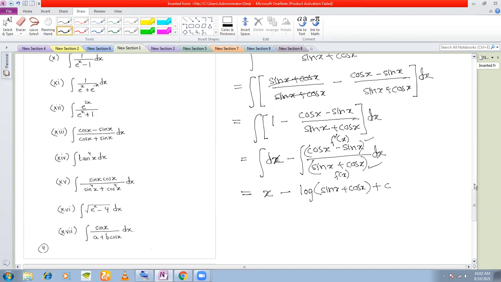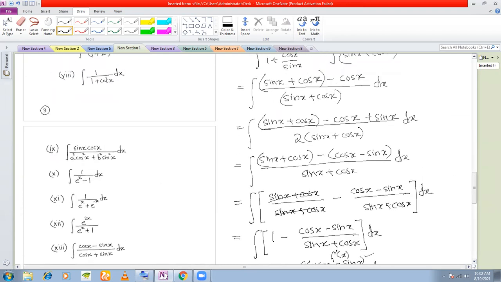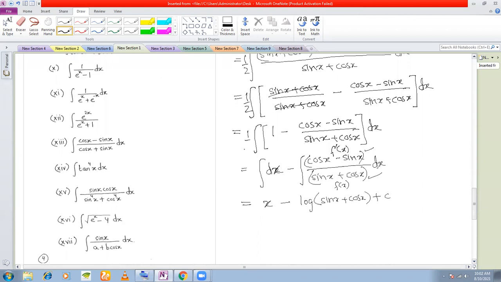And you have a half also here, I think. Yes, I had taken a 2, so you take this half outside. So x by 2 minus half log of sin x plus cos x plus c.